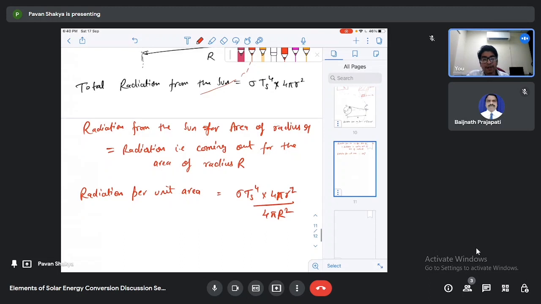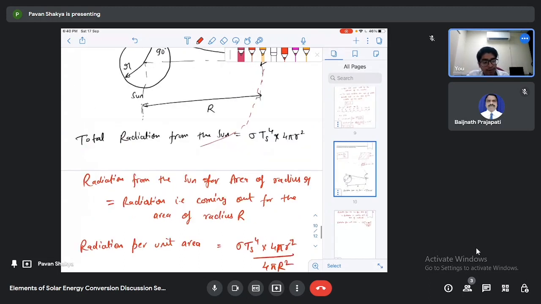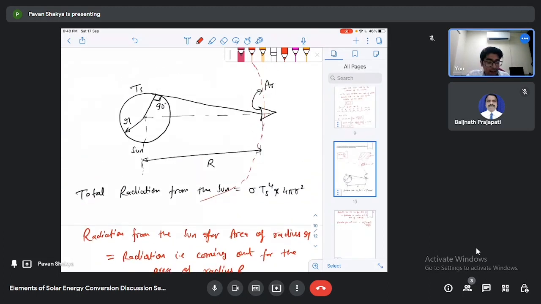So this is the radiation per unit area coming out from the sphere of radius capital R.